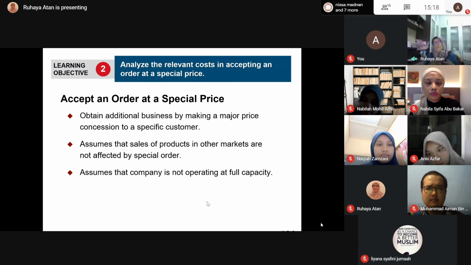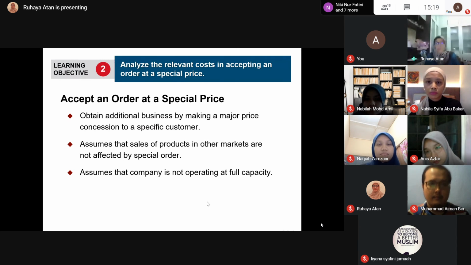So since they are not operating at full capacity, when they get a special order like this, they say, oh, why not? We still can run the production, isn't it? We can still do it. For example, the nasi lemak order, the restaurant, when they get a special order for an additional 100 bungkus of nasi lemak in a day, they say it's okay.